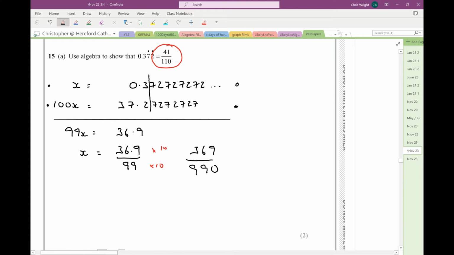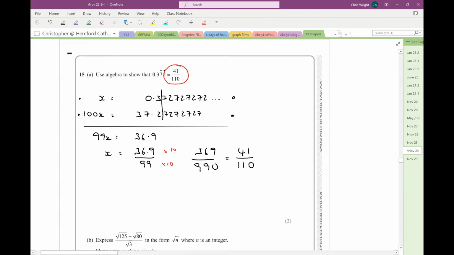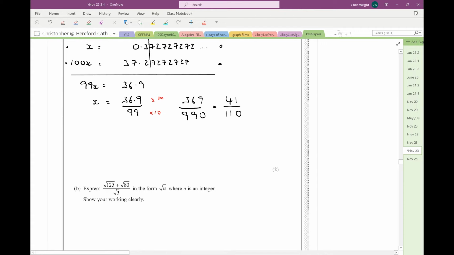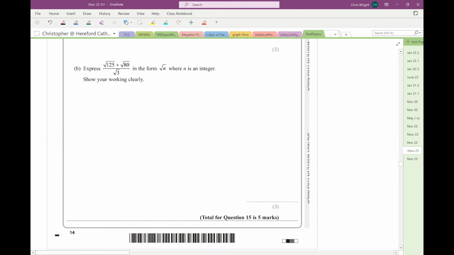And now, if you were to put that into your calculator and press equals, you will get the answer 41 over 110. Because all your calculator has done is to divide the top and the bottom by 9. So there's my answer to 15a. I have shown that that recurring decimal is equal to 41 110ths.